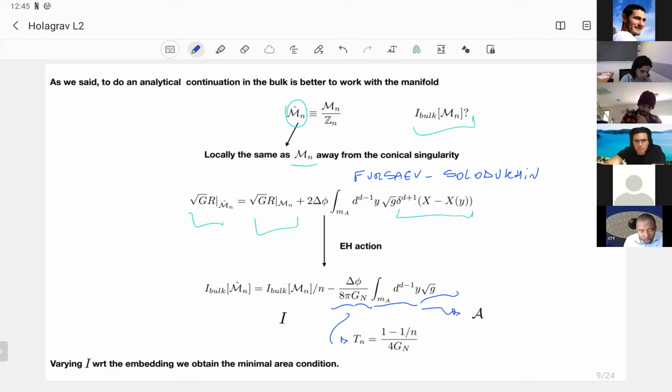And then I call Y this quotient of the action. If you promote the embedding of this brane, or of this surface, to a dynamical thing, you can vary the action with respect to that embedding and see that you are going to obtain a minimal area condition. So from all the areas that you can have, the minimal one is what you need.